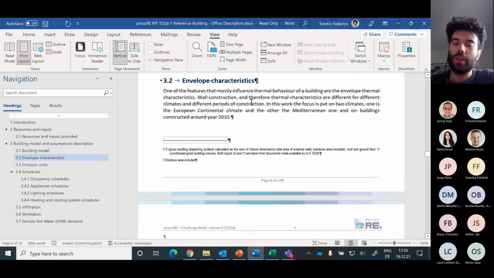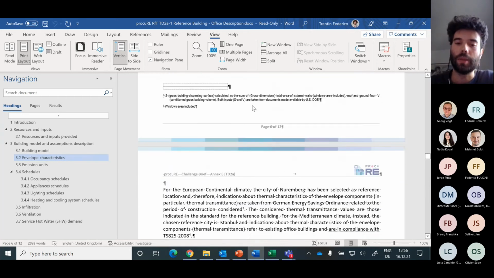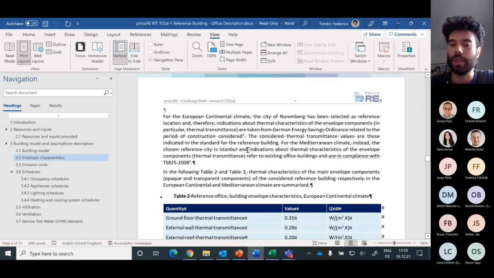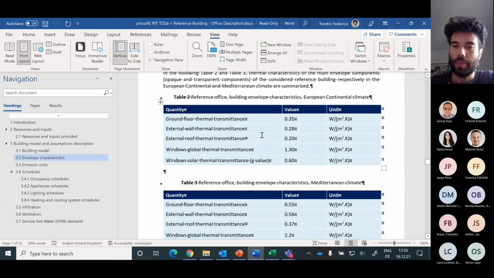Then we have a section dedicated to the description of the envelope characteristics, so basically the thermal transmittance that you must consider, and which are the standards that we used to fix these values.